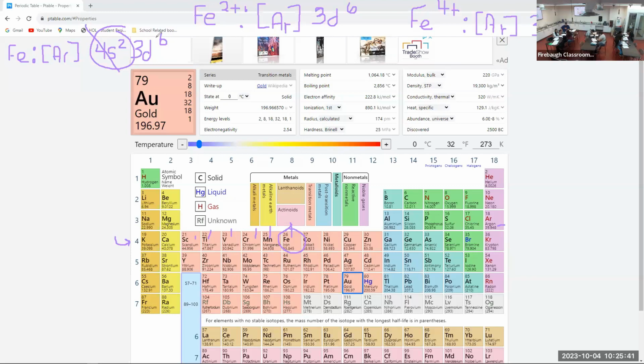Does that make sense? And I was talking about the 3d. The 3 represents the period.